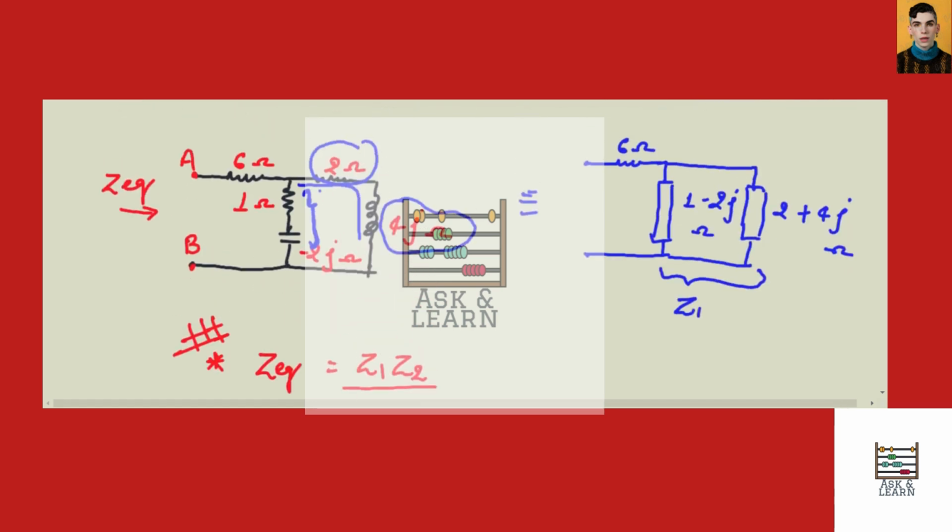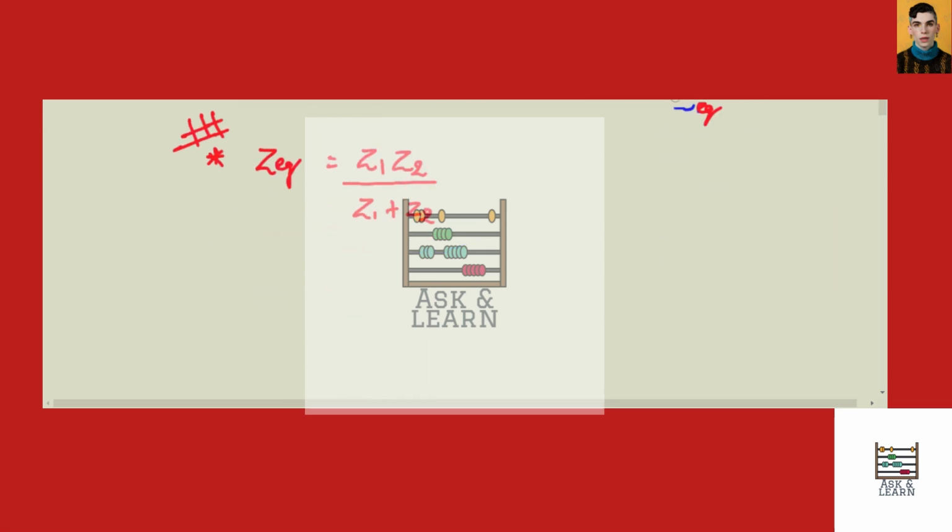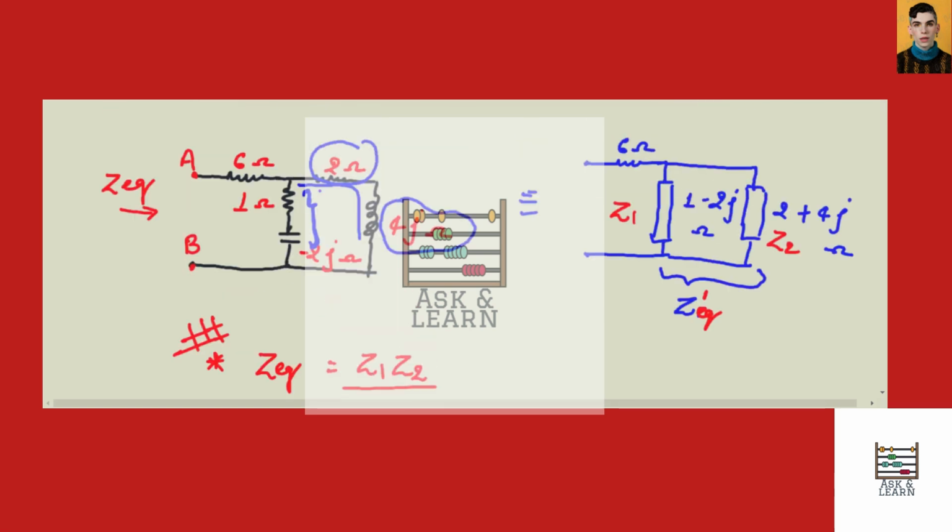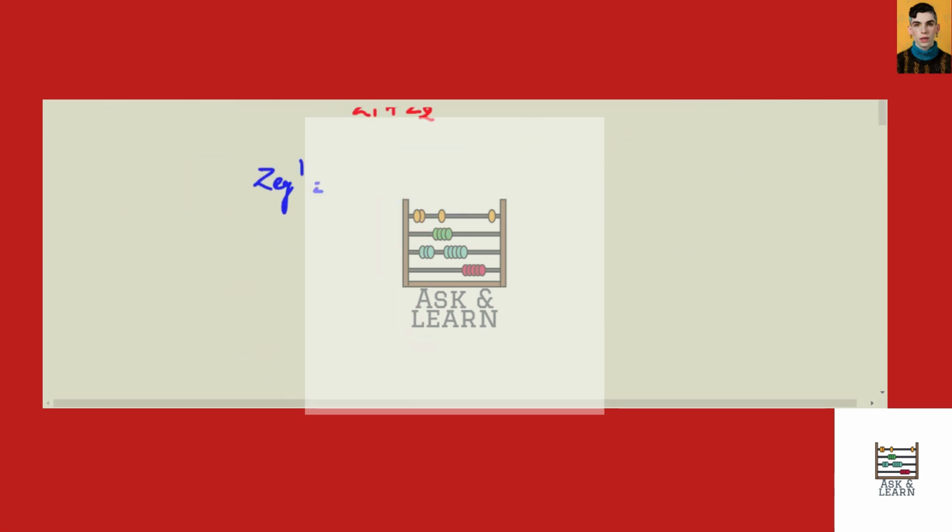Let's suppose this is our Z equivalent prime, and this is our Z1 and this is our Z2. So Z equivalent prime is equal to Z1 into Z2 by Z1 plus Z2.